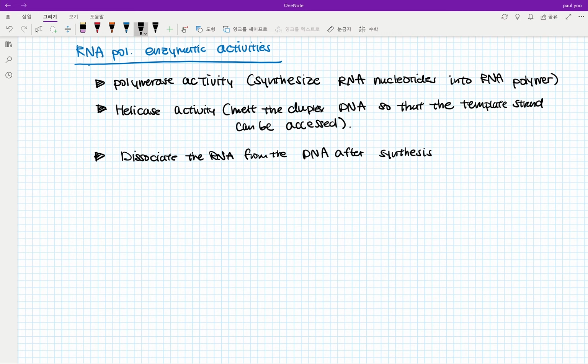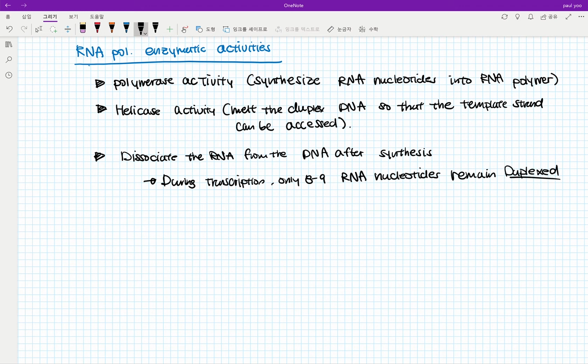So during transcription, only 8 to 9 RNA nucleotides remain duplexed with the DNA at the moment.